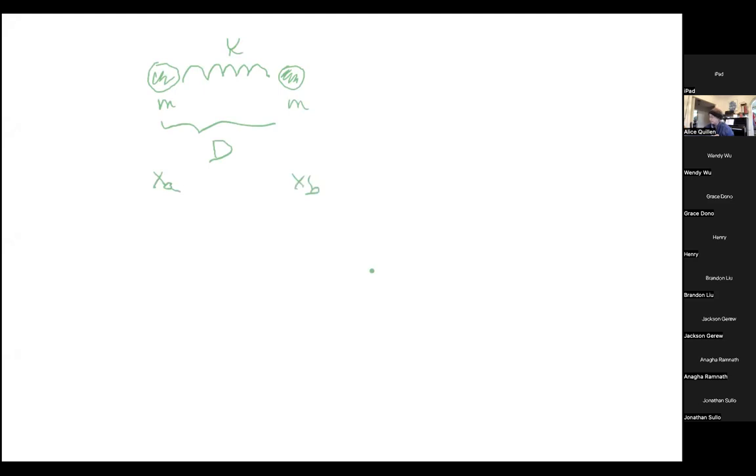We had found the equations of motion for the system. The only force here, since we're ignoring gravity, is the spring, but we gave the spring a rest length. And so the equations of motion were this.